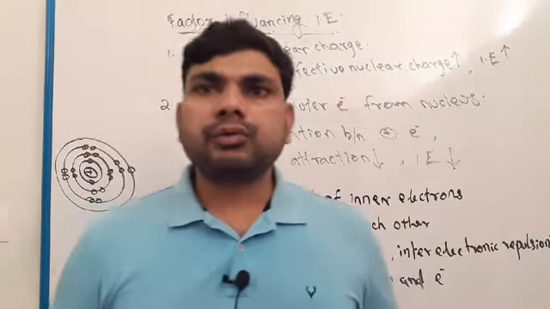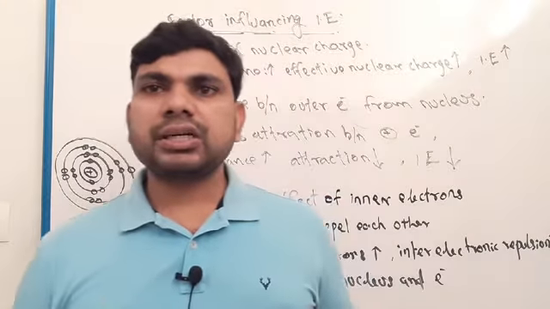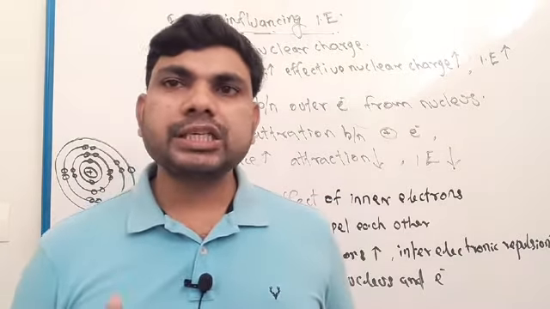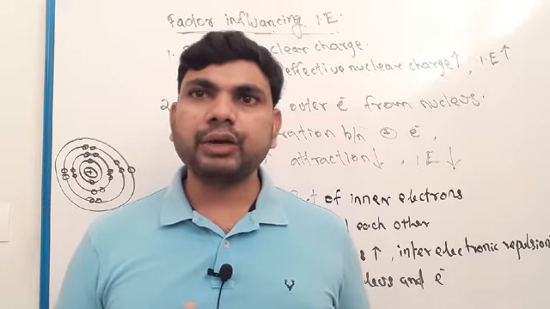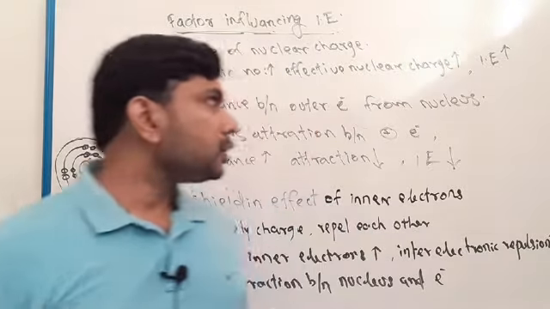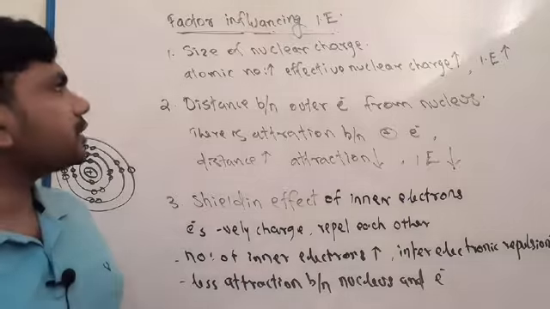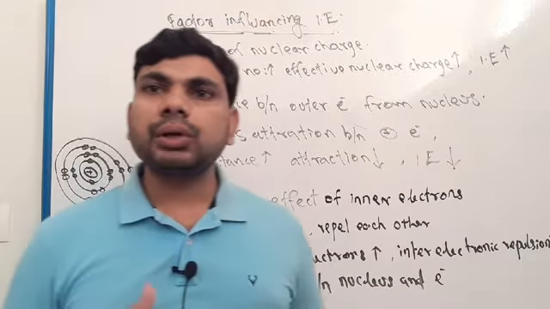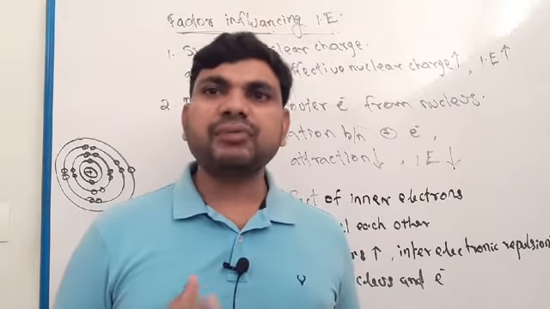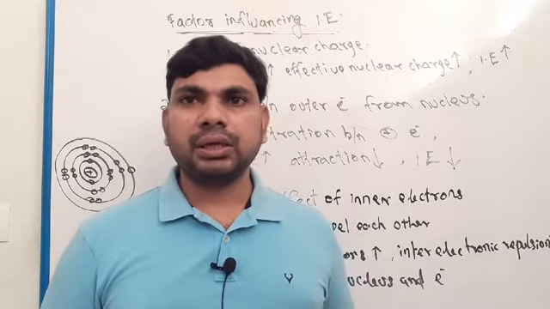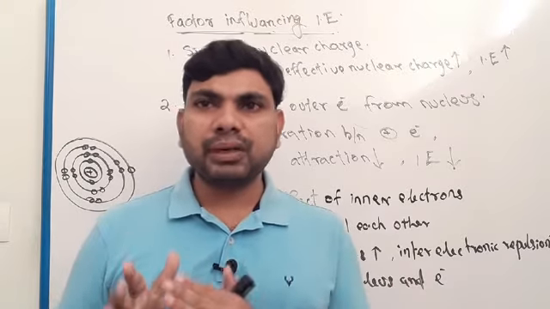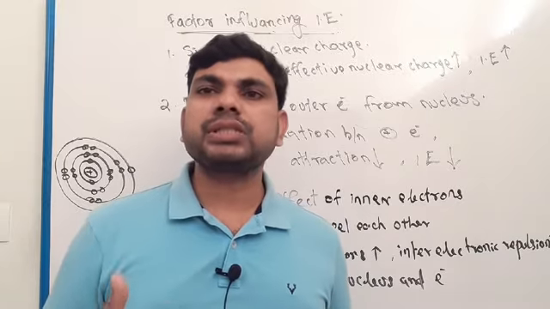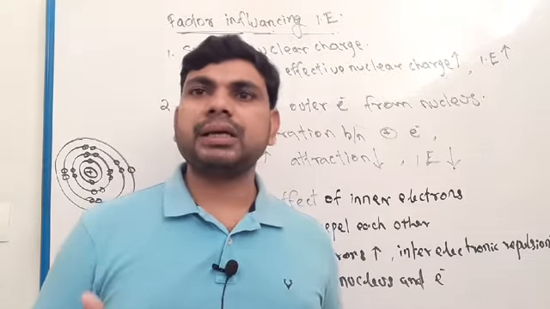Clear? Okay, next we have to discuss the factors which influence ionization enthalpy. First, we check the effective nuclear charge. We know that from left to right in the periodic table, the number of protons increases, the atomic number increases.